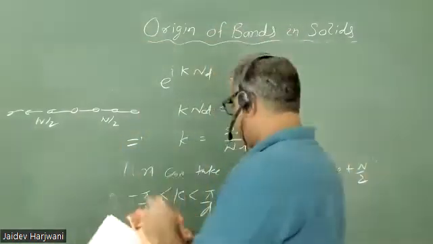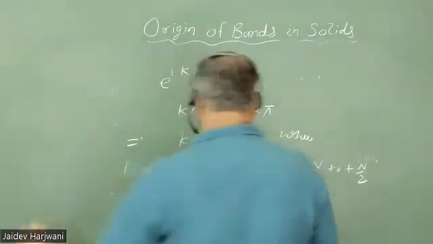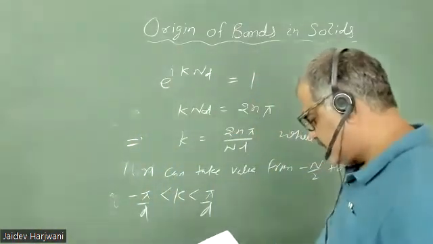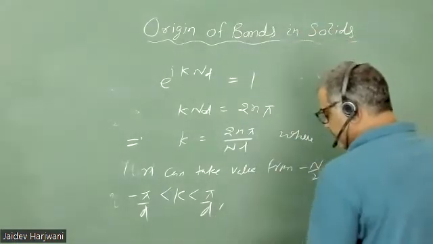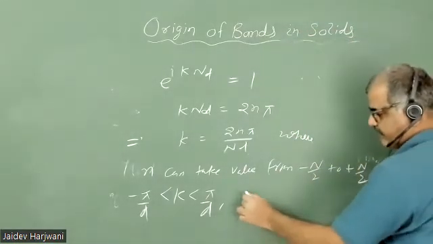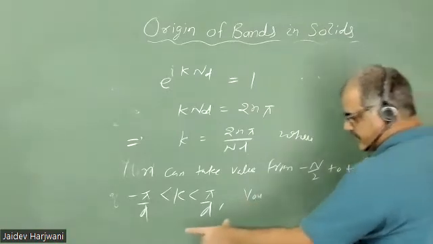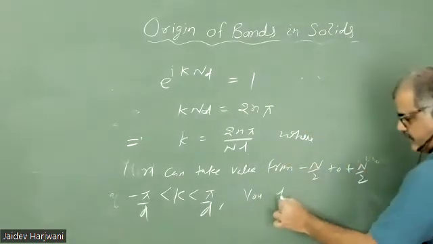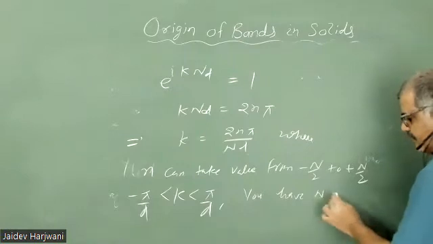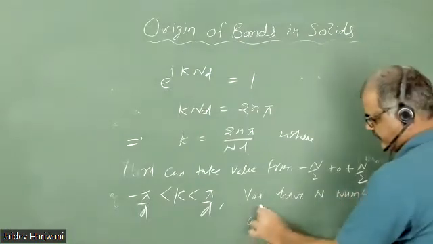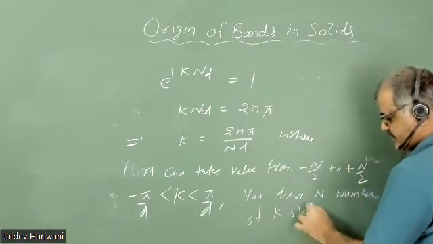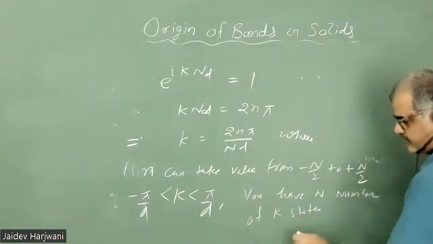So this says that in this interval you have N number of k states, or k values.